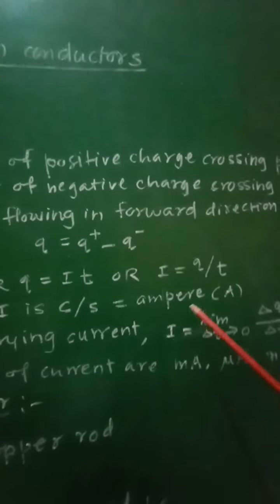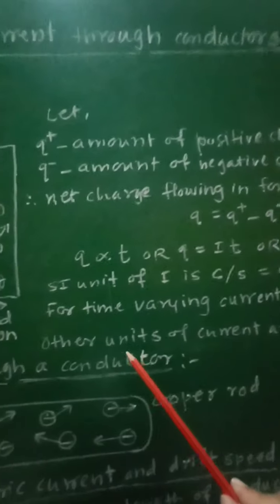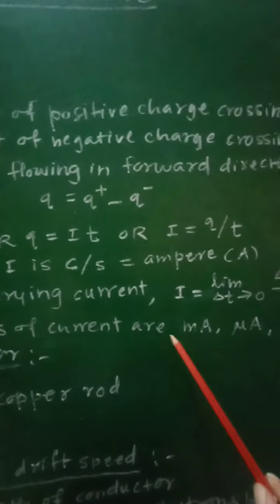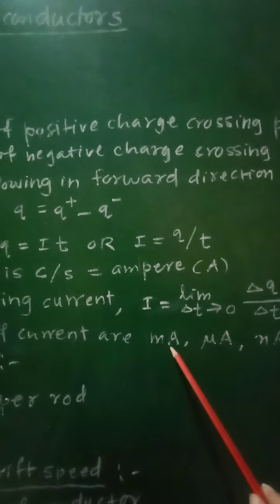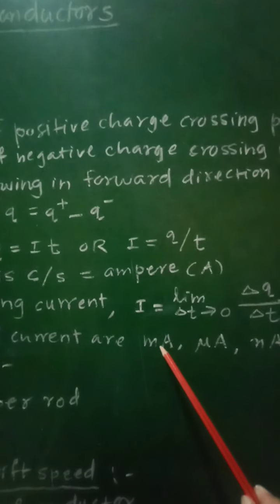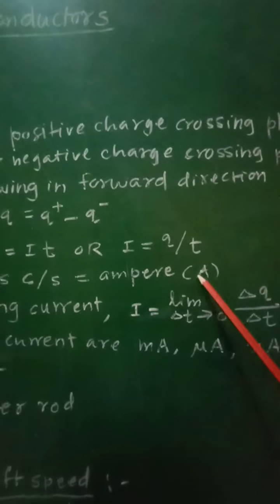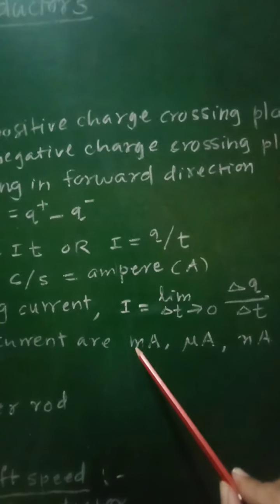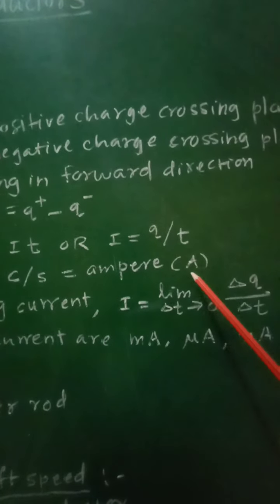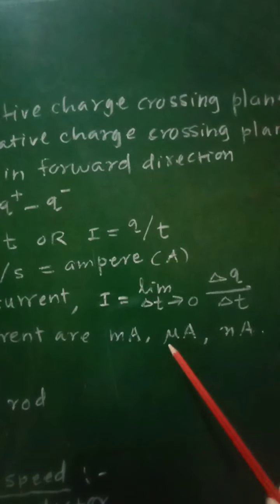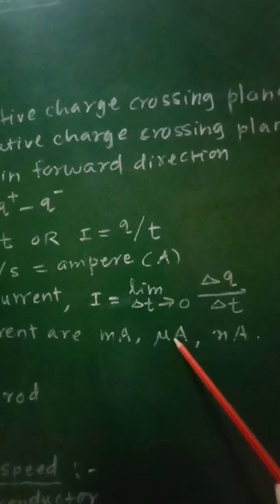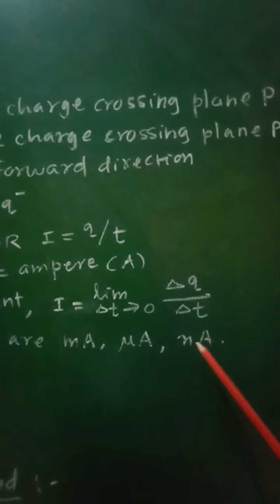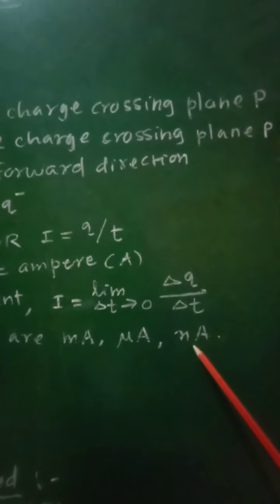Now as the SI unit of current is ampere, some other units for the measurement of current are also there, and these units of current are milliampere, microampere and nanoampere. 1 milliampere is equal to 10 raised to minus 3 ampere. 1 microampere is equal to 10 raised to minus 6 ampere, and 1 nanoampere is equal to 10 raised to minus 9 ampere.